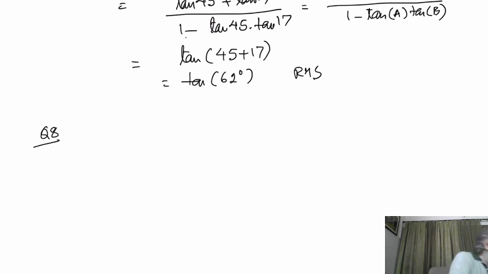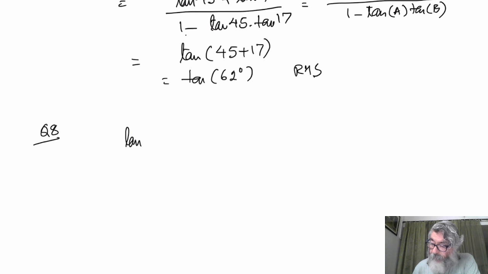Question number 24. tan 3A minus tan 2A minus tan A.